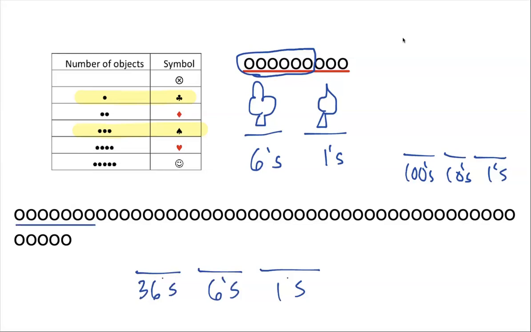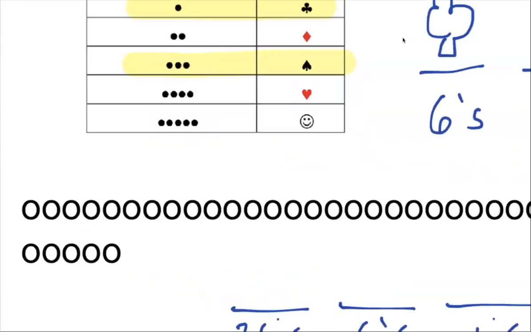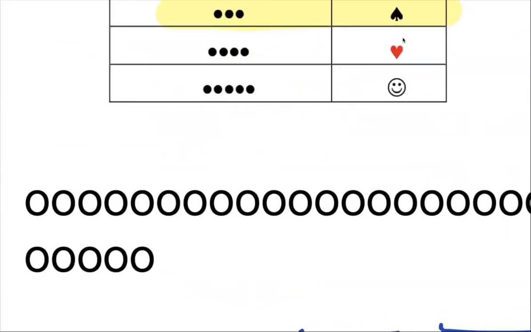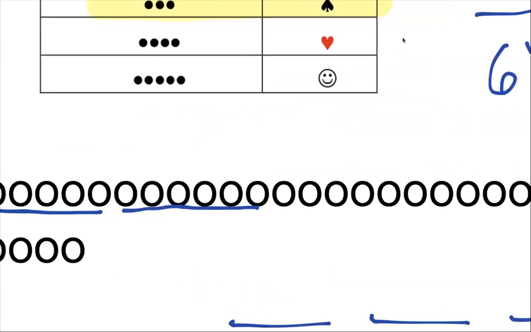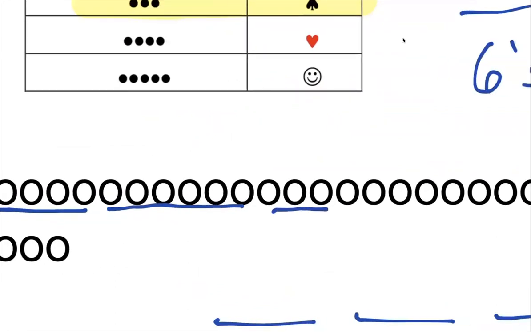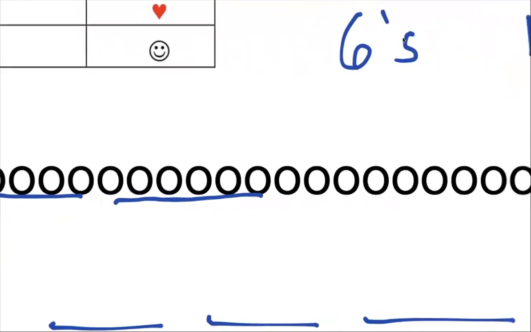Okay, oops. Let's start over. Sorry. Maybe I'll blow this up a little bit so I can see it. All right, and what I'm going to do is just go by 6s and see if I can get to 36. So there's 1, 2, 3, 4, 5, 6. 1, 2, 3, 4, 5, 6. 1, 2, 3, 4, 5, 6.